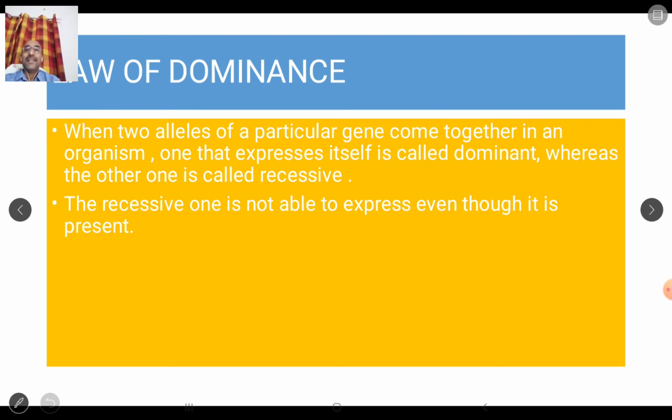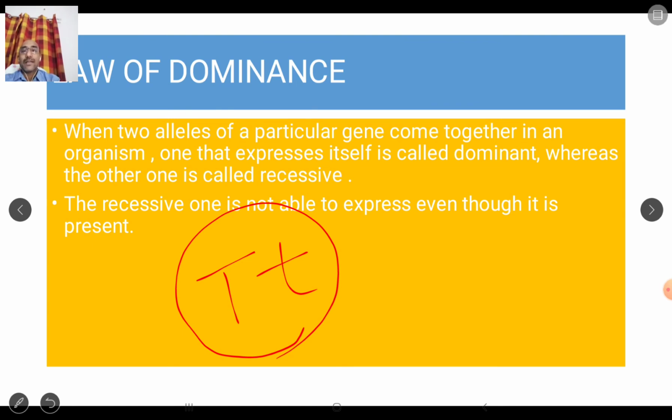When two alleles of a particular gene come together in an organism, the one that expresses itself is called dominant, whereas the other one is called recessive. So when two alleles of a particular gene are present together in an organism, the organism will be tall.